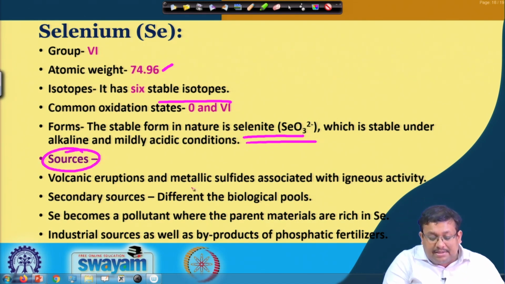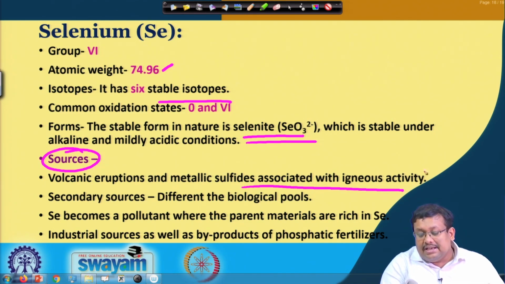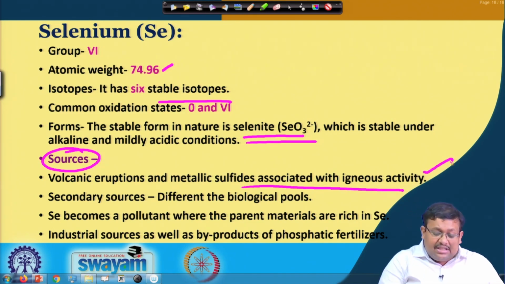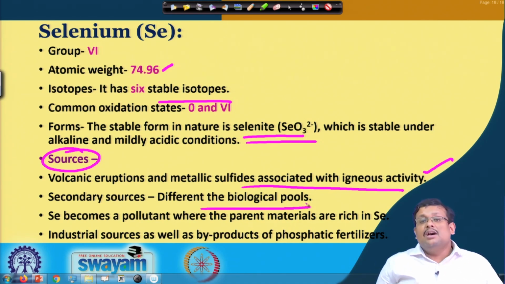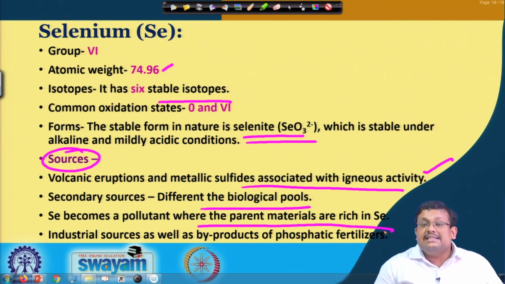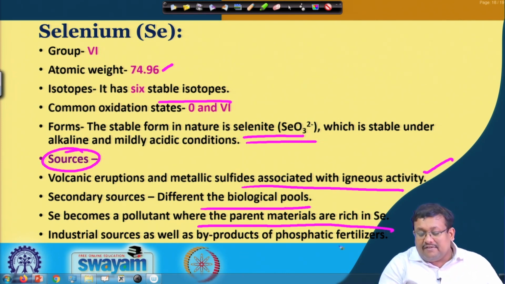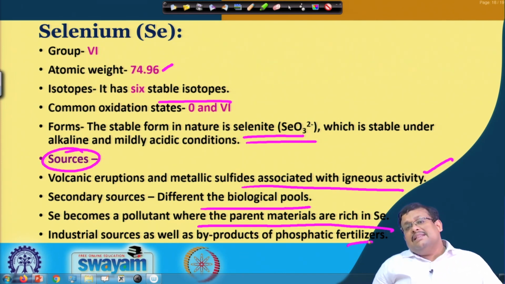If we consider the sources of selenium, first of all there are volcanic eruptions and metallic sulphide associated with igneous activity. So, it is a major source of selenium. A secondary source is different biological pools. Selenium becomes a pollutant where the parent materials are rich in selenium, and from industrial sources as well as byproducts of phosphatic fertilizer.